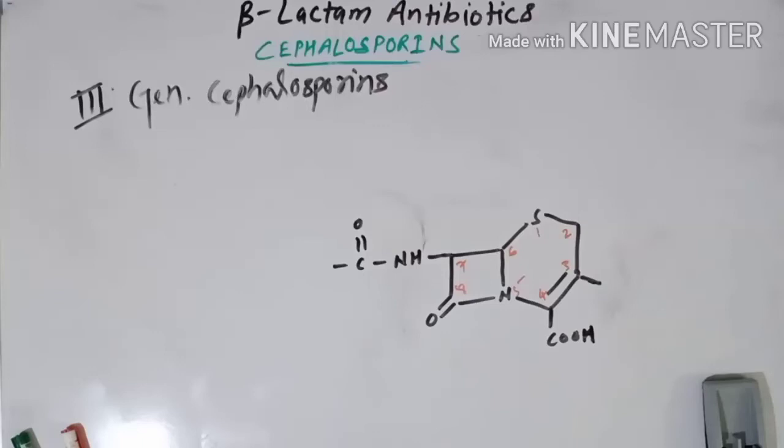We will see the classification of third generation cephalosporin. So what are third generation cephalosporins? These are cephalosporins which have less activity than first generation cephalosporin against gram positive.